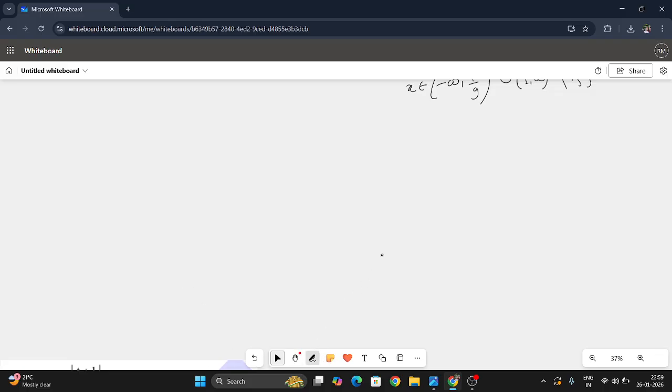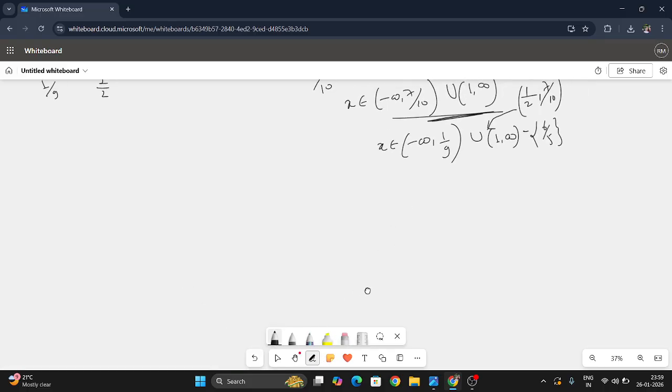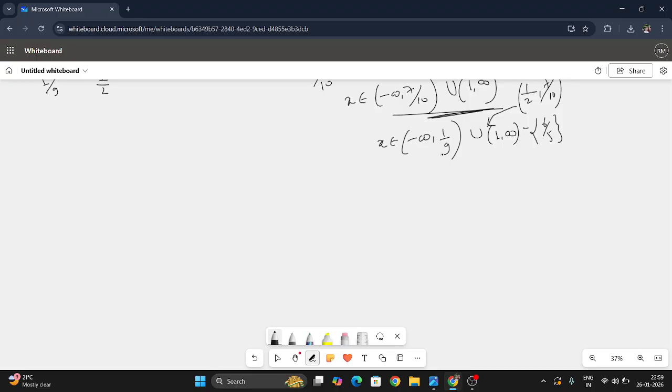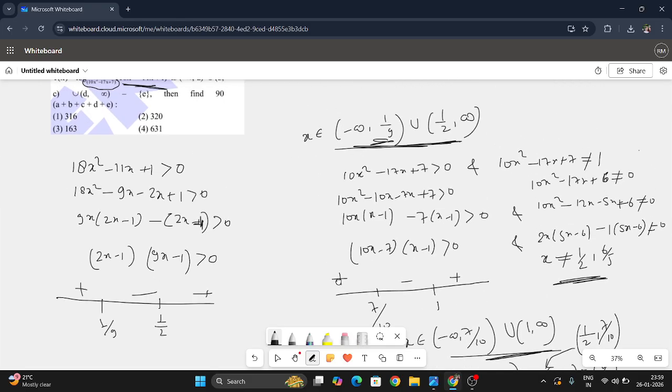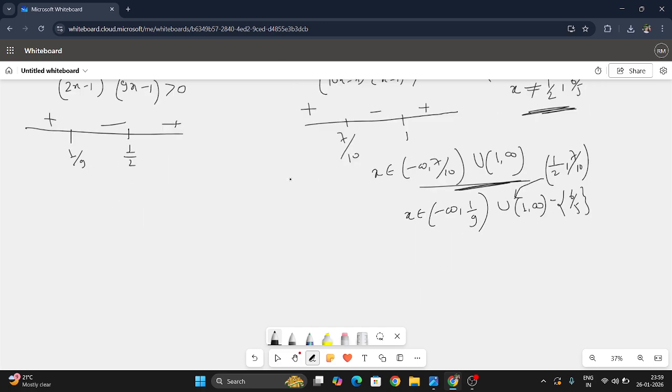Okay, so let's start. A is 1 by 9, B is 1 by 2, C is 7 by 10, D is 1, E is 6 by 5. So the answer is going to be: add all these A, B, C, D, E and multiply by 90.